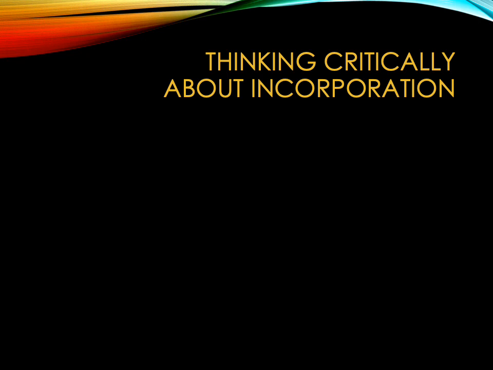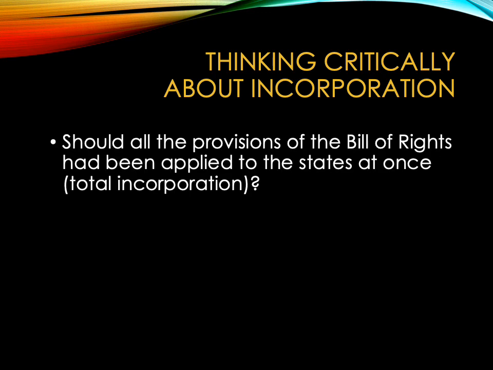Okay, we'll end here by just having a couple of critical thinking questions about incorporation that you can keep in mind as we move towards our midterm exam. The first question is, should all of the provisions of the Bill of Rights have been applied to the states at once? That's what's known as total incorporation. Once the 14th Amendment was added to the Constitution, saying that states can't take away your liberty without due process of law, shouldn't that have meant that all of the liberties should have been incorporated at one time?